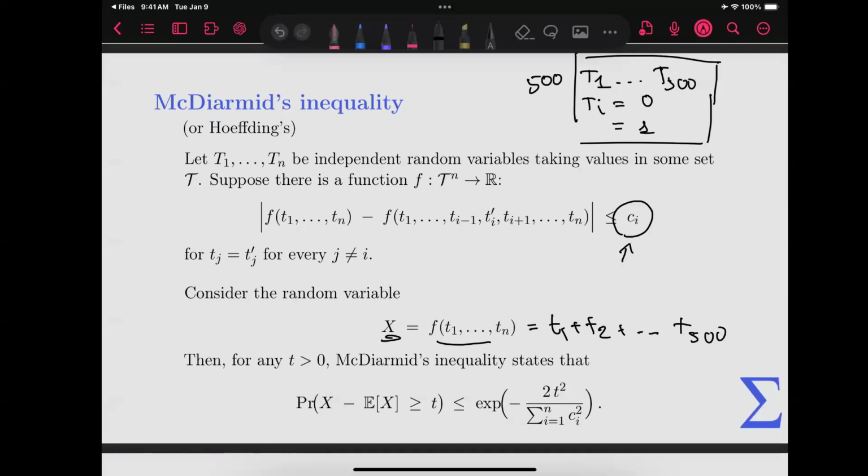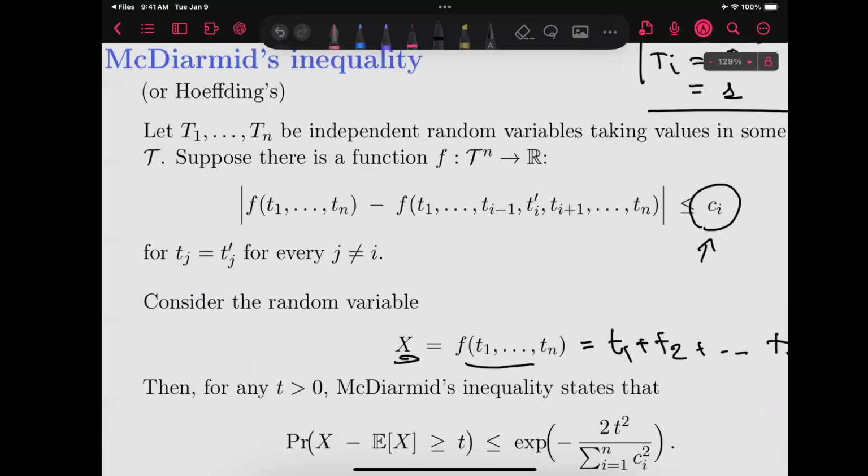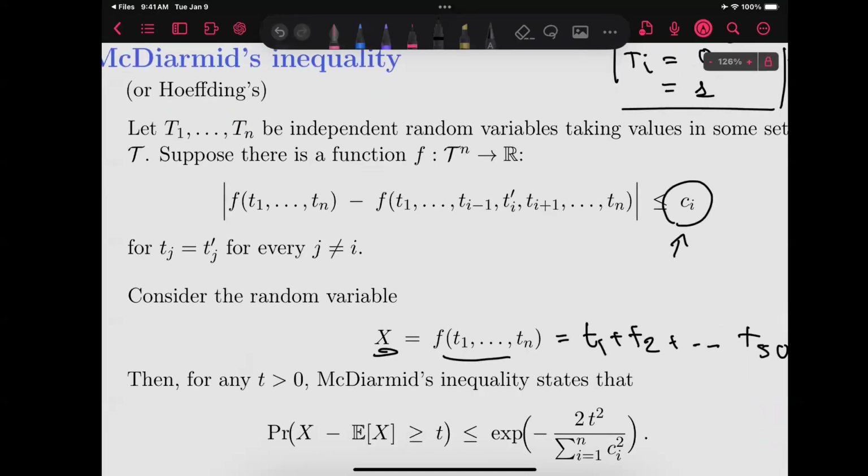So what is our C in this problem? They say, suppose there's a function f, then C will be the maximum change of f between T1 to Tn and the same tuple with Ti changed. So this means if you change one T, how big will the result change?